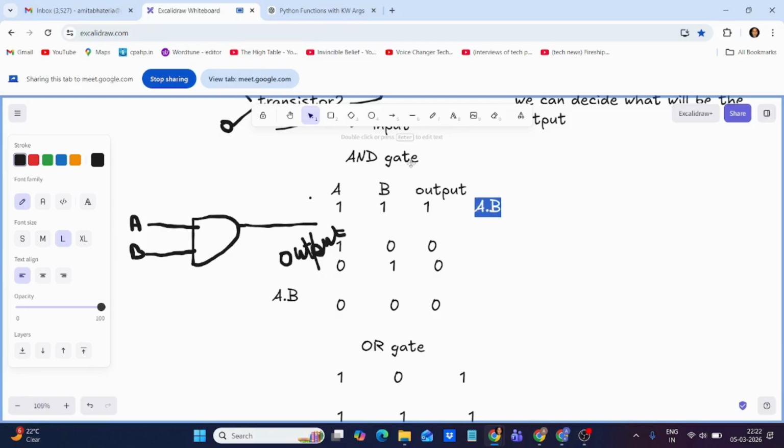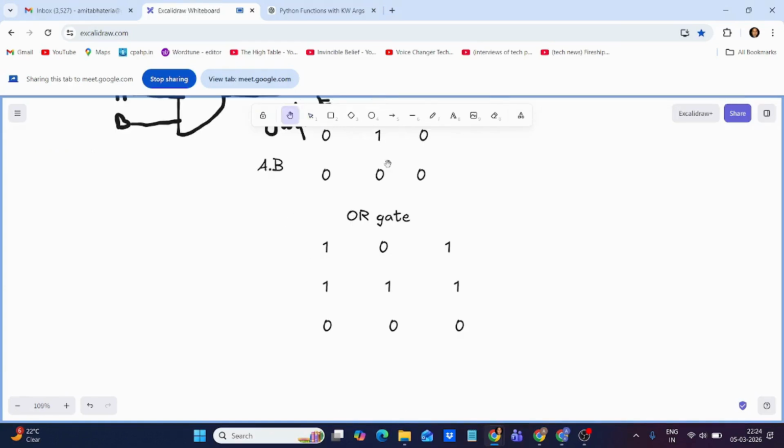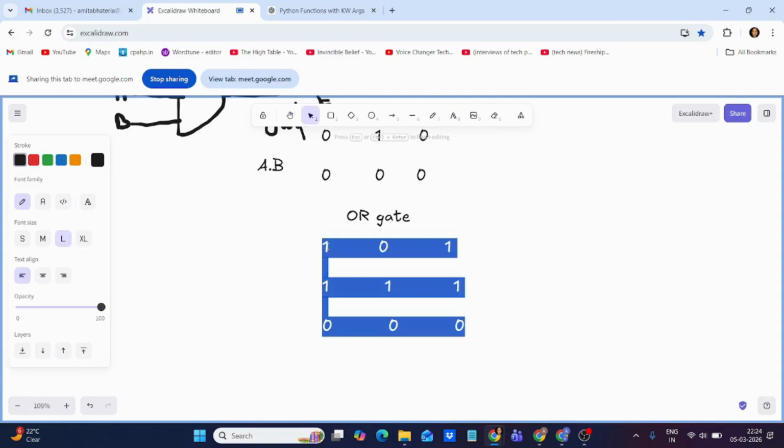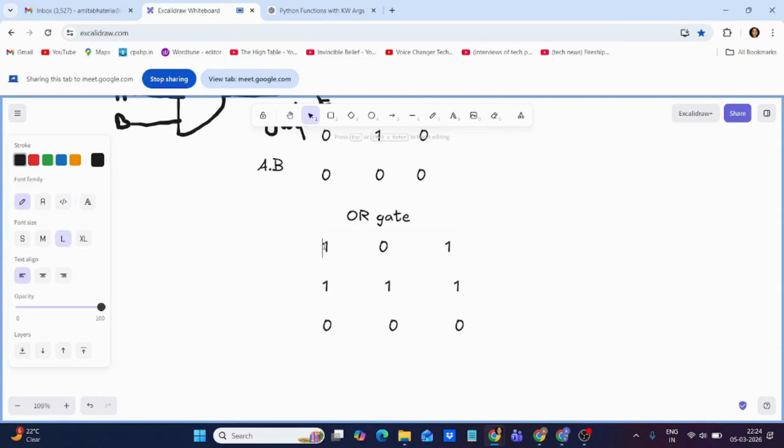Got it? So these are the inputs for the OR gate. If one input is 1, meaning the first input is 1 and the second input is 0, the output will be 1, right? And the same we can have with inputs the other way also.